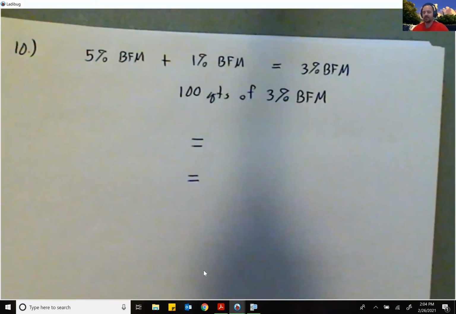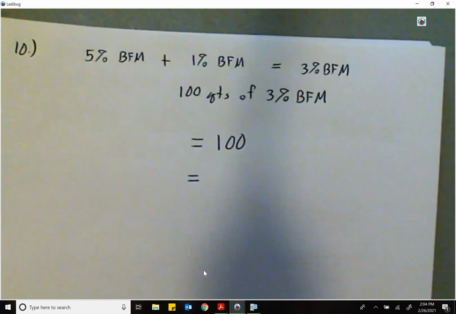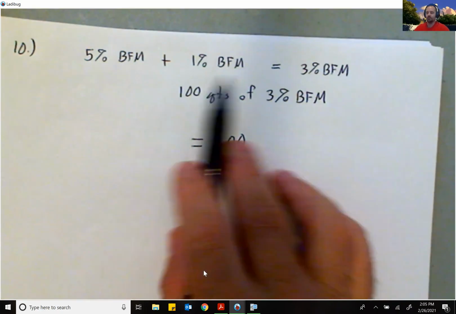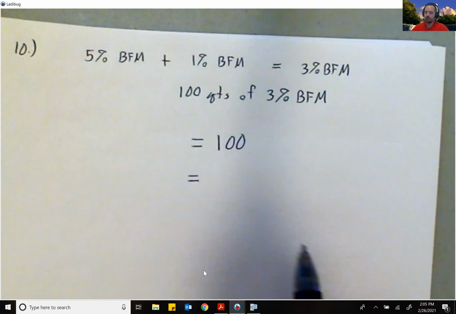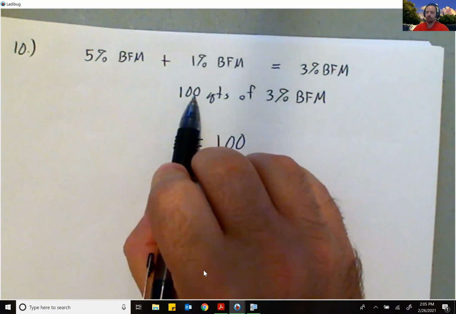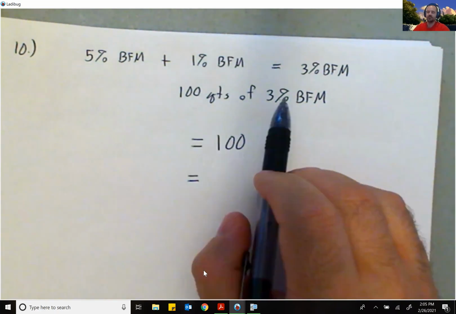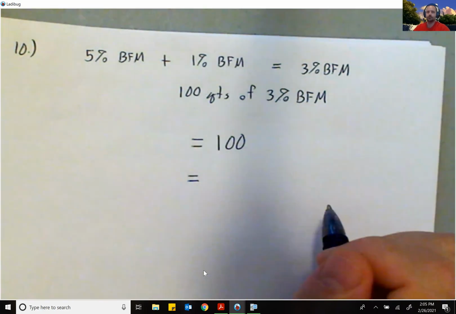One of our equations has to equal 100. The other equation, remember, is a combination of these two. We want 3% of 100. But remember, we don't use percentages in mathematics. What do we use? Fractions.